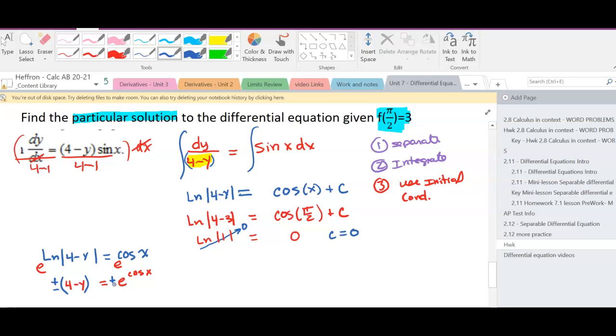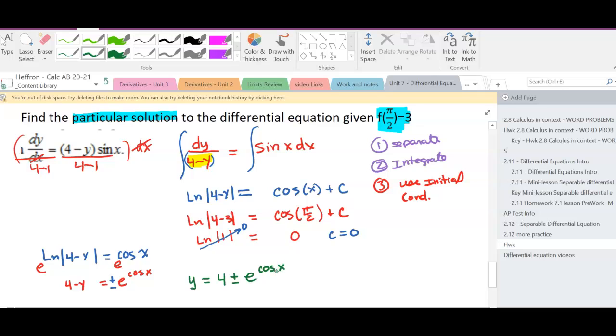And I'm going to use that plus or minus on the other side just for a more clean solution. Well, if I add y and subtract the rest on both sides, we have y equals 4 plus or minus e to the cosine of x.